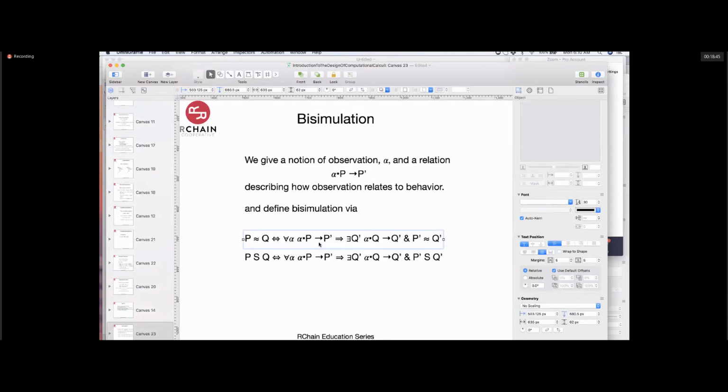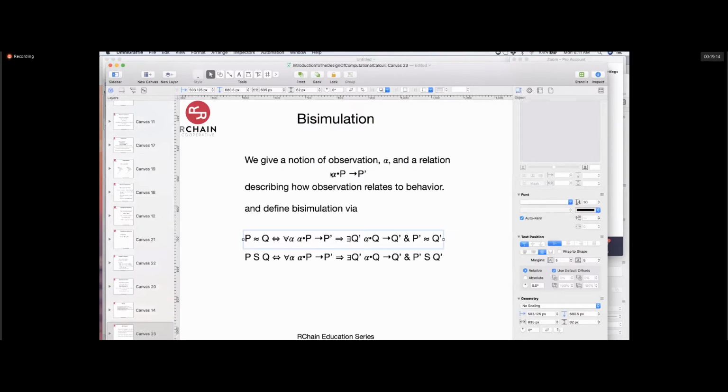When we look at asynchronous calculi, the barb is the notion of observation. So in the rho calculus paper, we describe the notion of a barb, and then we relate barb to the observation, to this relation which connects observation and evolution of the system.